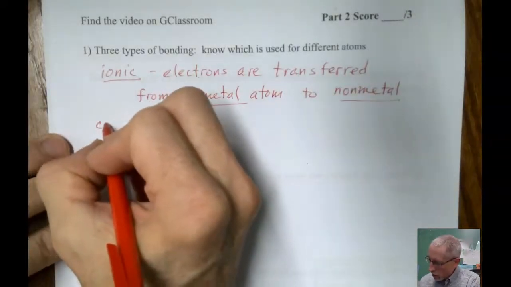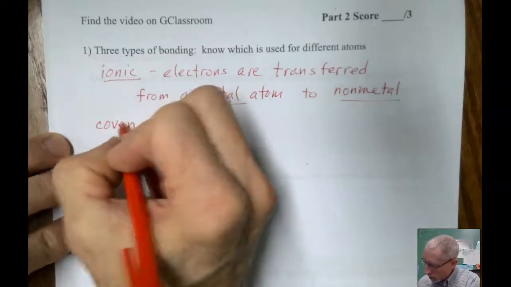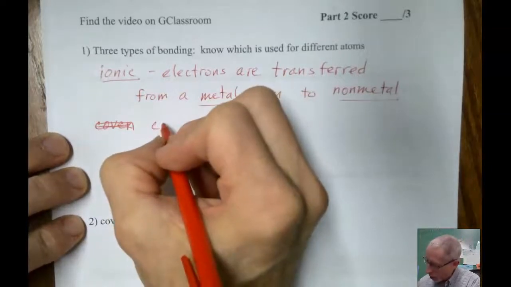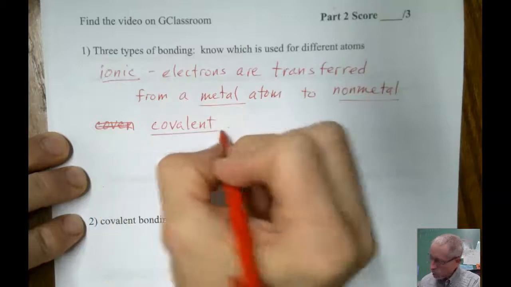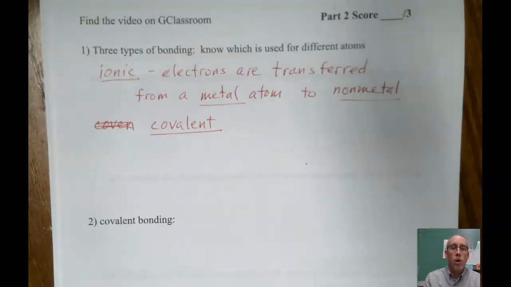The one we're going to deal with mostly today is called covalent. Now maybe you hear in that word the valence. Valence is the outermost energy level. Co means together.